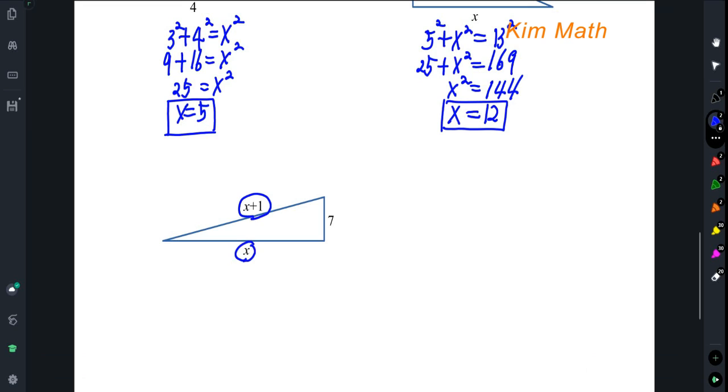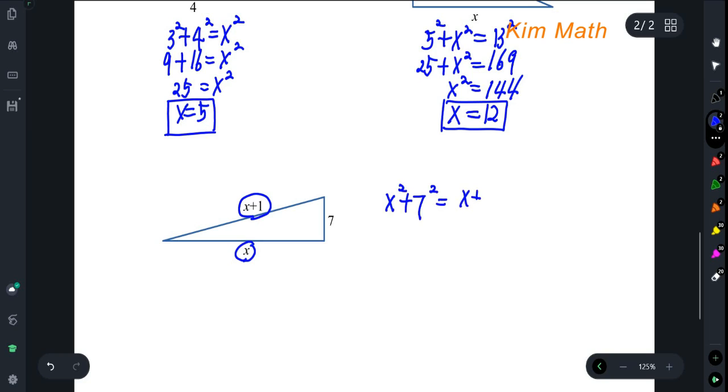Again, we can write the Pythagorean theorem from this picture. x squared plus 7 squared equals (x plus 1) squared, right? Again, x squared plus 49. If I multiply this out, this will be x squared plus 2x plus 1.